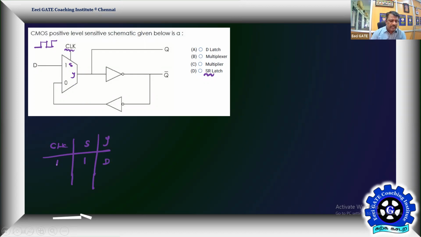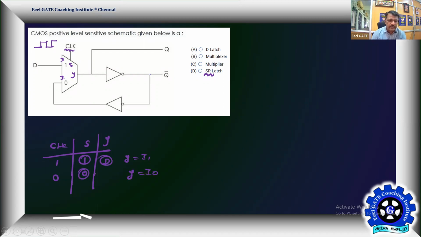Whenever the clock is 0, the selection is 0. This is your I1 data and this is your I0 data. When S is 1, Y follows I1, and I1 is connected to D, so I'll write it as D.